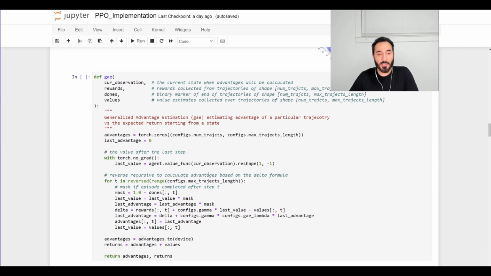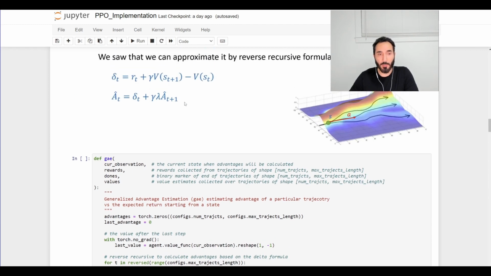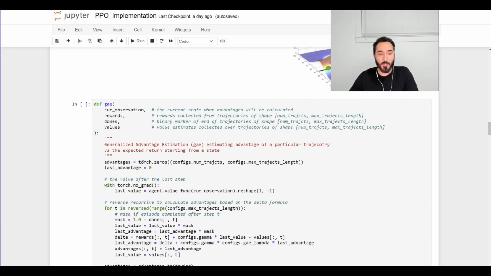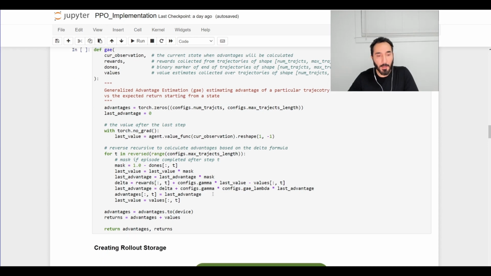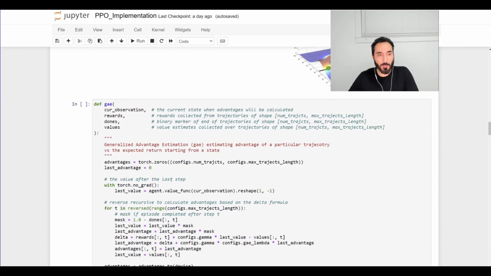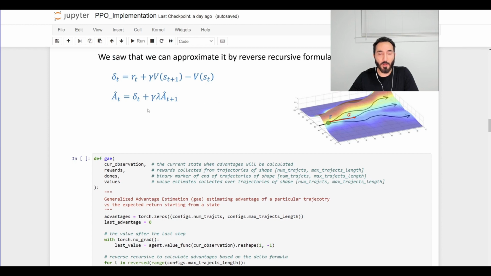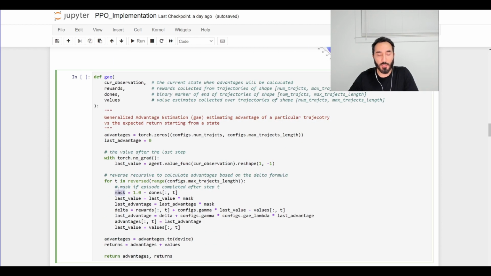What we have here is exactly the implementation of generalized advantage estimation. In fact, it's very close to the pseudocode that we had over here. We get some inputs. The advantage initially is 0 at the terminal state, and we roll it back, go over the trajectory, and calculate all the advantages based on what we have collected. Note that the only difference between here and the formula is the addition of this quantity mask. But this is nothing complicated.